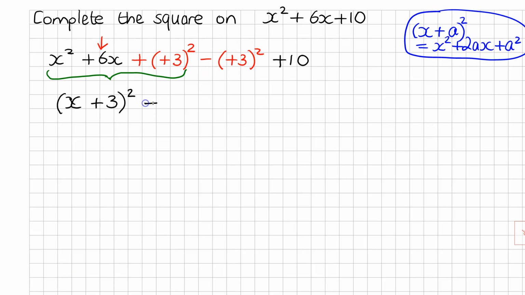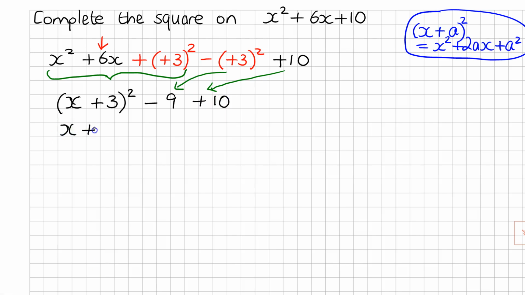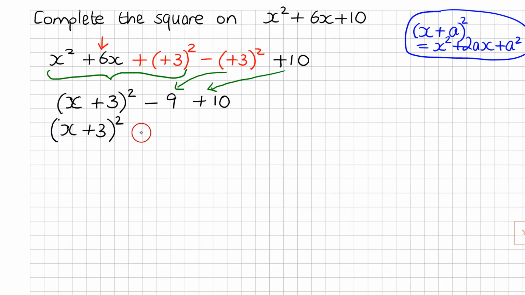So that's minus, now we've plus 3 to be squared, which is 9. Okay, so that's that. And then finally, there was also a plus 10. Okay, so then I have x plus 3 squared, and I have my minus 9 and my plus 10, which is going to give me plus 1.